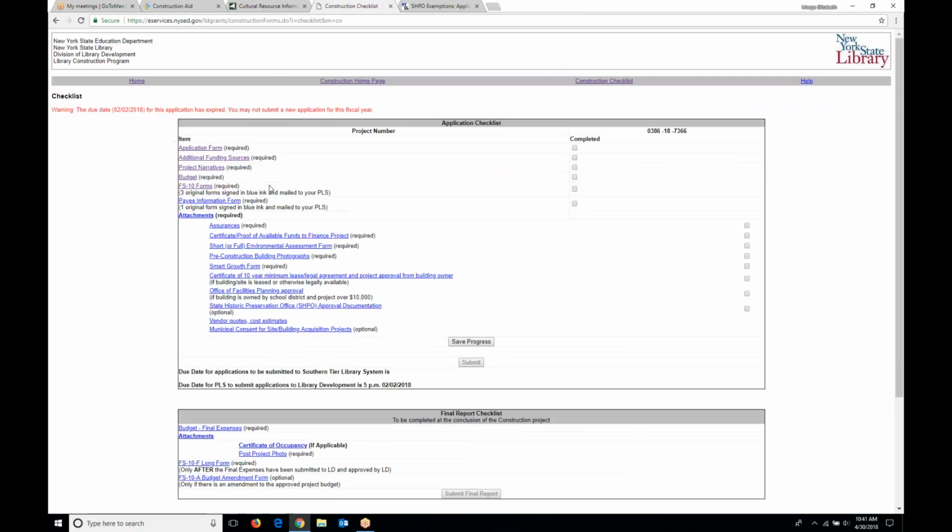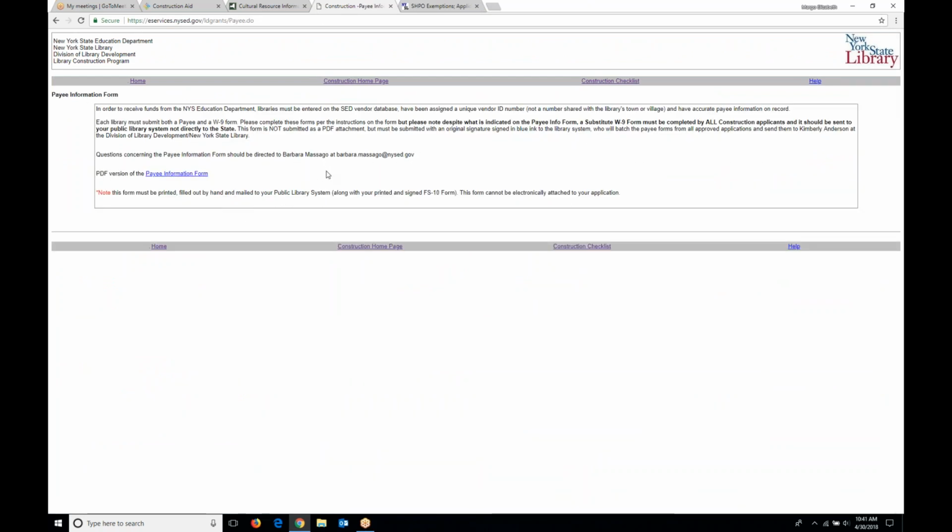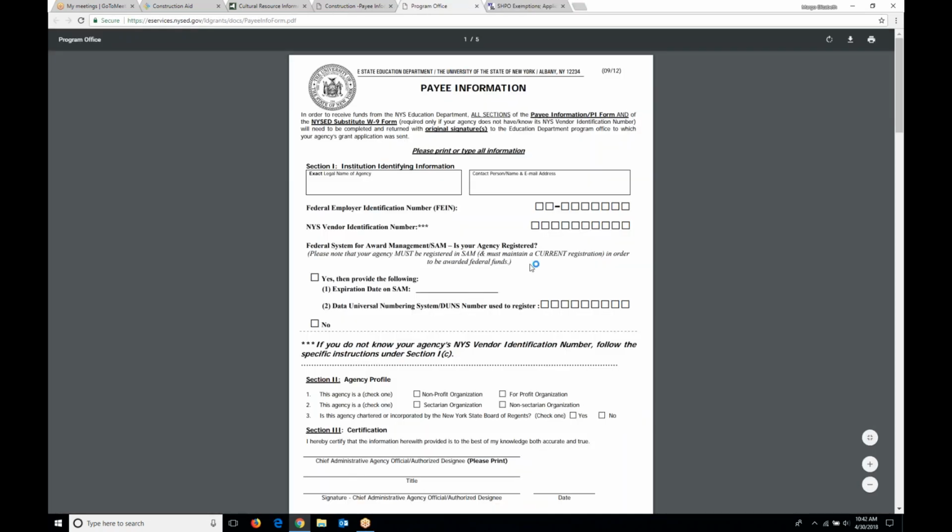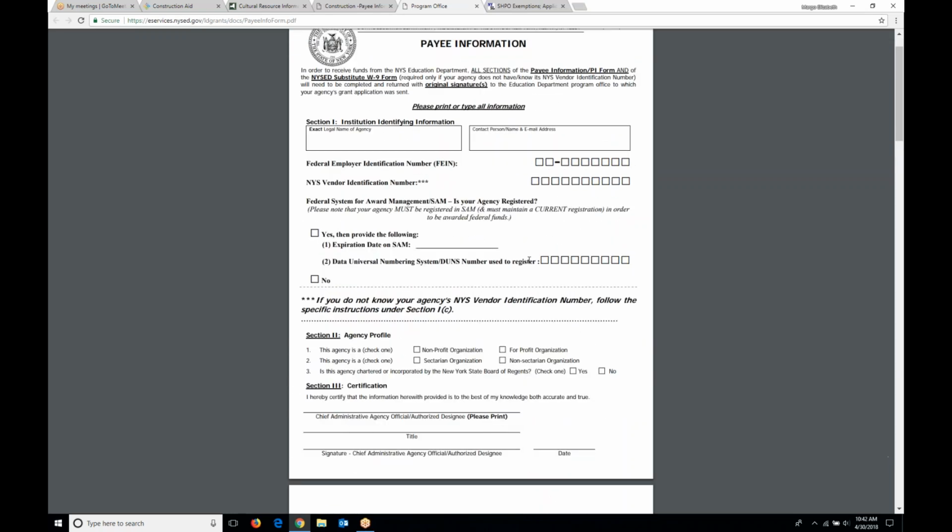Construction checklist. Payee information form. Yes, you must remember to sign it. If you send it to me blank, I have to send it back to you and you have to sign it. Payee information form. Everyone needs to do this payee information form.